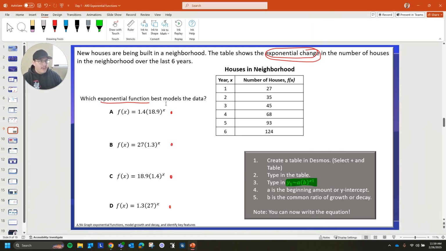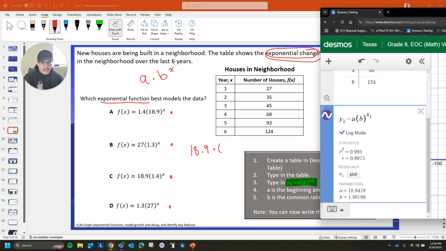I'm going to put on my paper 18.9 is a. And then for the b, we said was about 1.36, so if we rounded to one decimal place, 1.4.